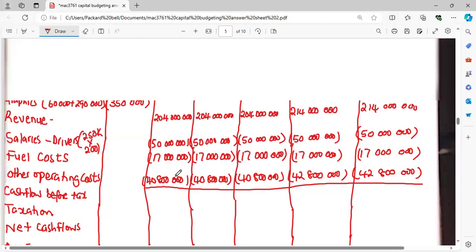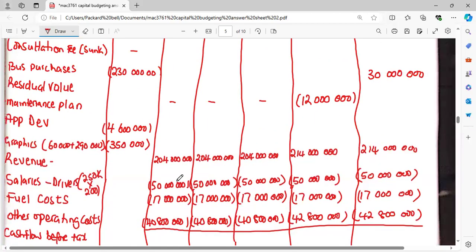Let's start with the capital expenditure. Our capital expenditure is going to be 230 million plus 350. This one is going to be how much?